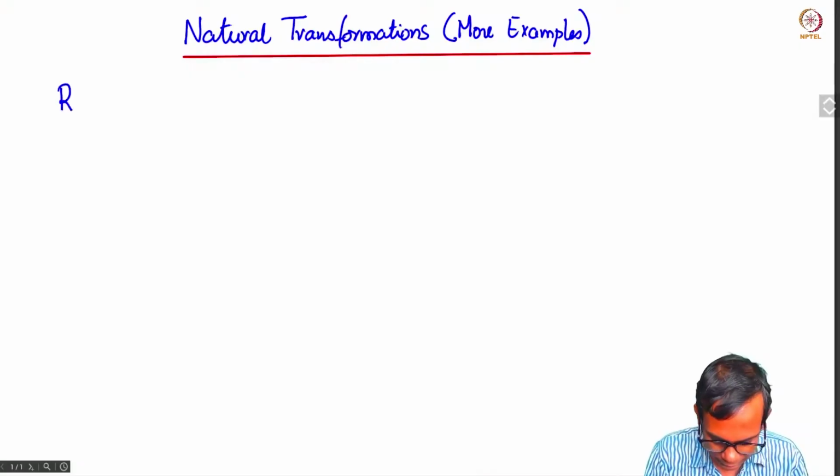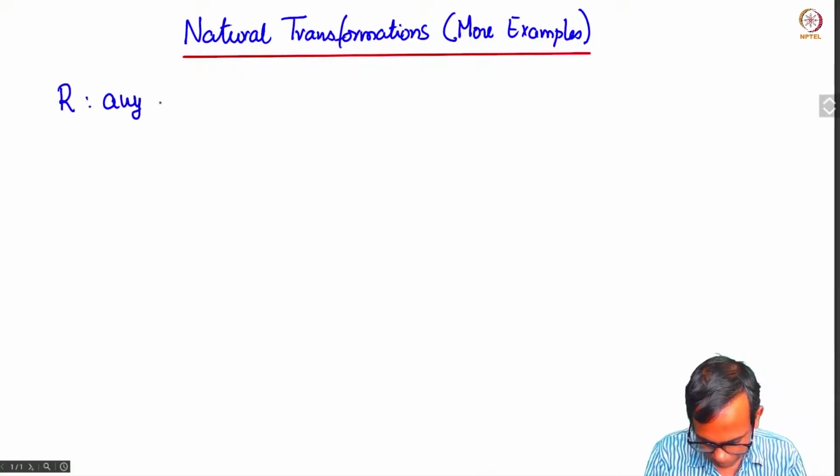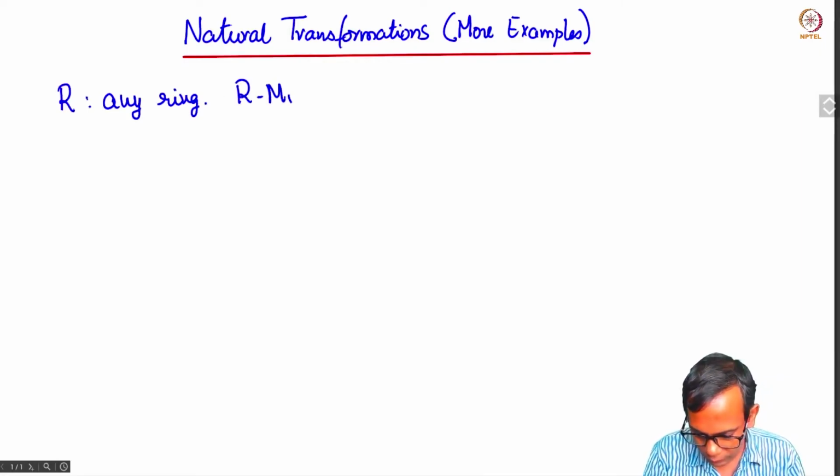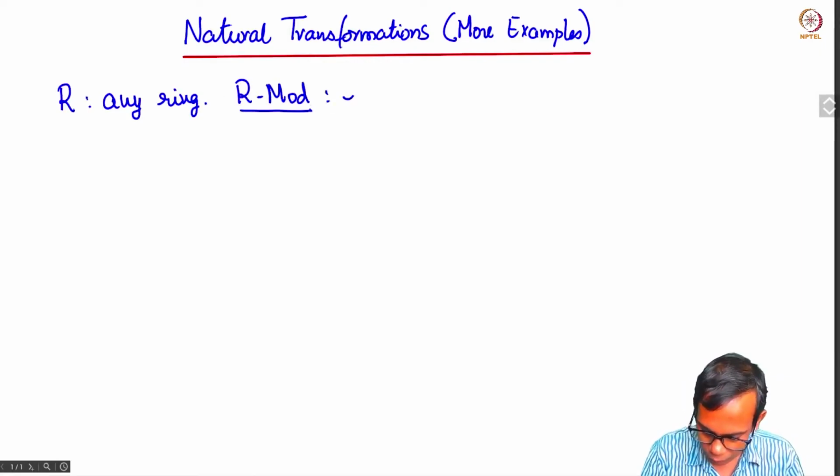Let R be any ring, and we'll use R-Mod to denote the category of R-modules.